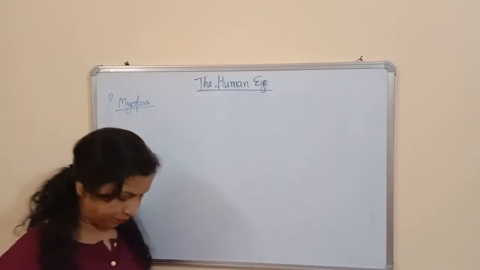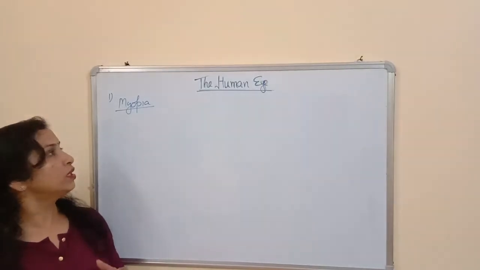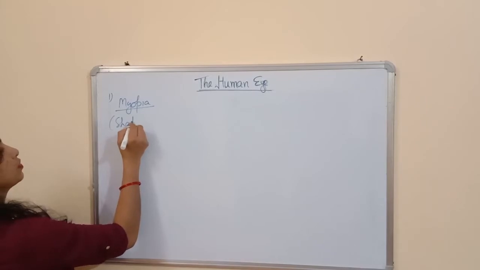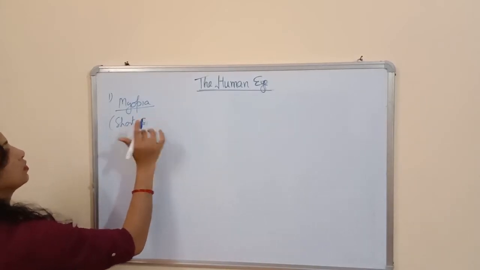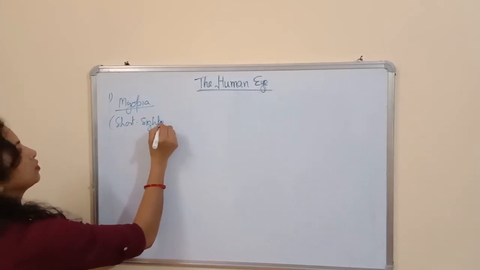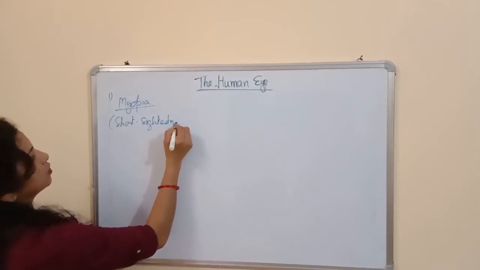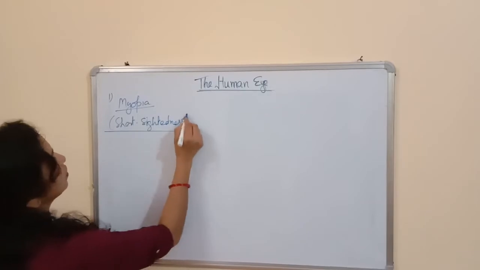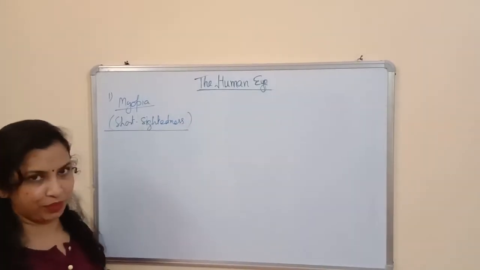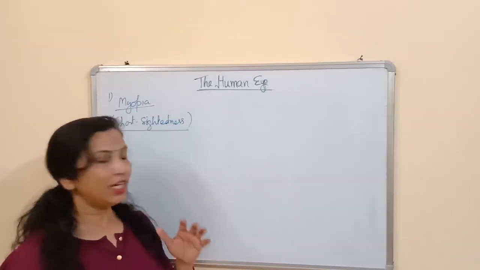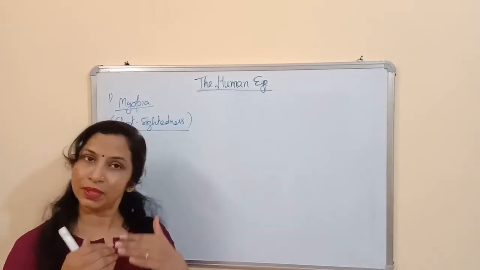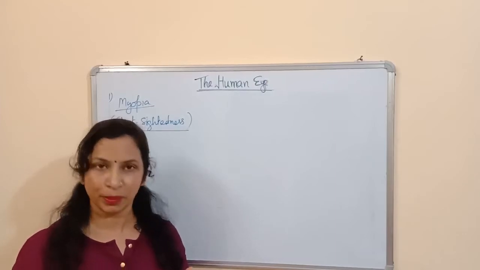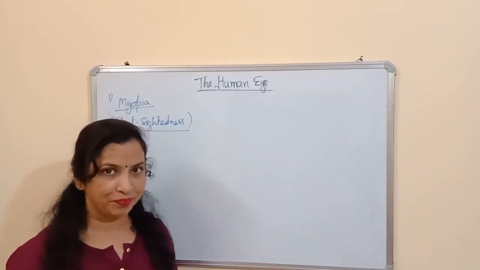So first I am going to tell you what is myopia. Myopia, or another name, is short-sightedness. In myopia, a person can see nearby objects clearly but is not able to see far objects clearly.